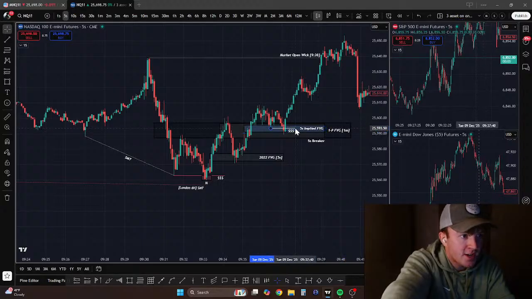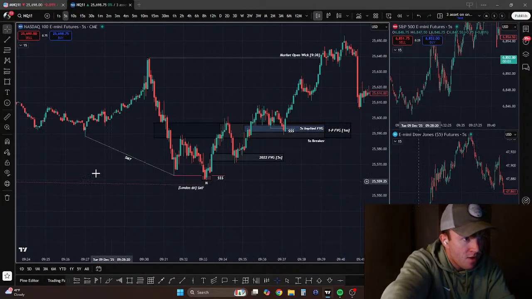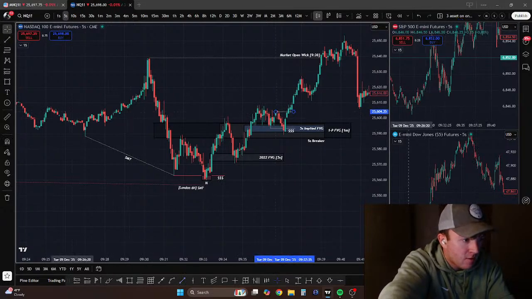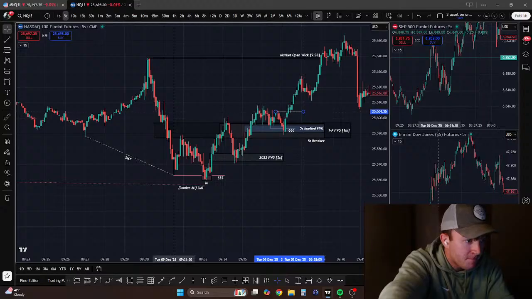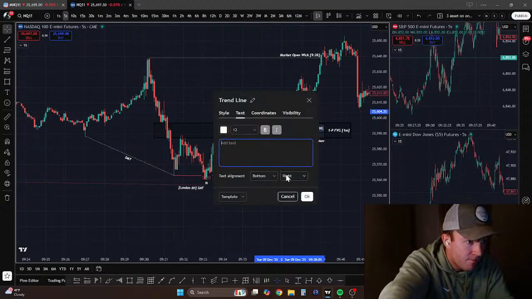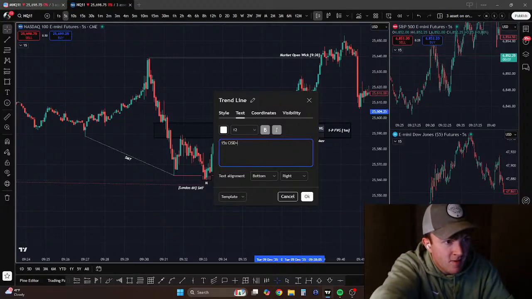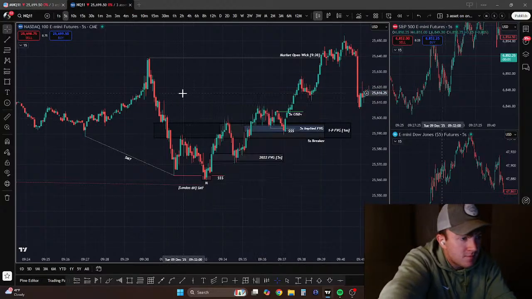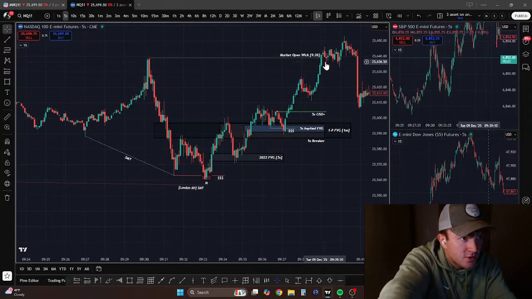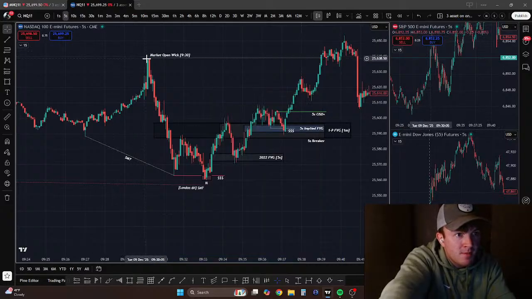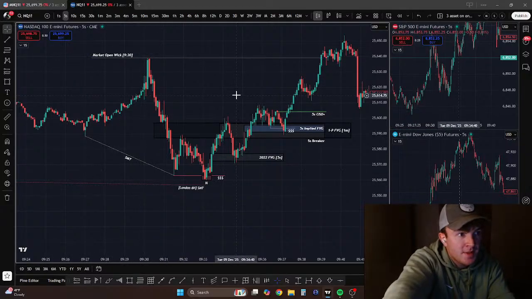So we get first strike here. Oh, 5 second. And our draw on liquidity is the market open wick. So the market maker buy model terminates here at the market open wick.